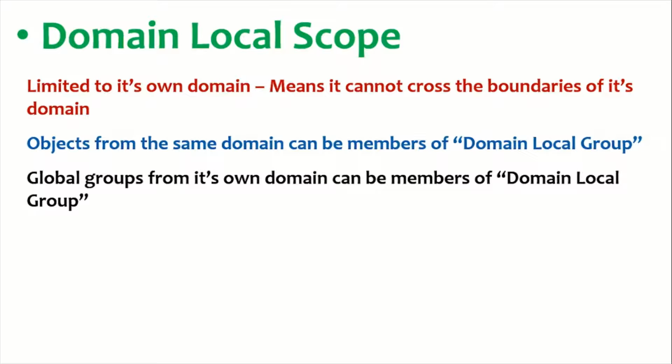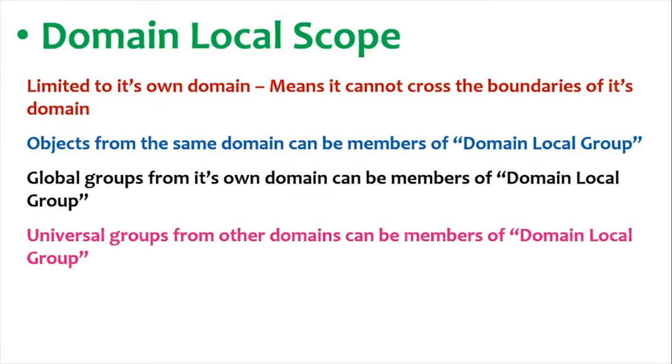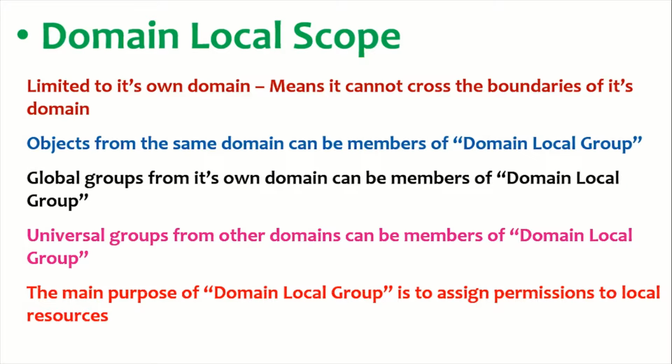Global groups from its own domain can be members of a domain local group, and universal groups from any domain can be members of the domain local group. Now the main purpose of the domain local scope is to assign permissions to local resources.